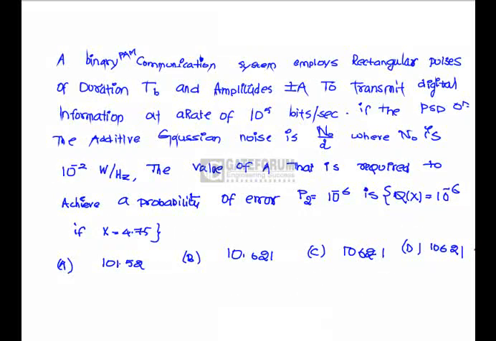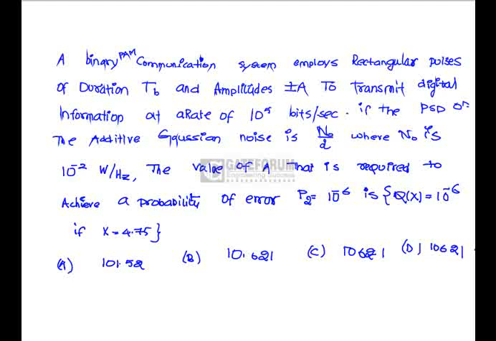Here the question is, a binary PAM communication system employs rectangular pulses of duration TB and amplitudes plus or minus A to transmit digital information at a rate of 10 power 5 bits per second. If the PSD of the additive Gaussian noise is N0 by 2, where N0 is 10 power minus 2 watts per hertz, the value of A that is required to achieve a probability of error equal to 10 power minus 6 is.